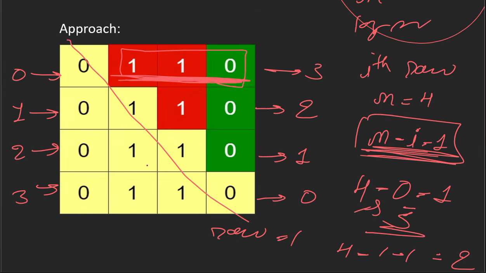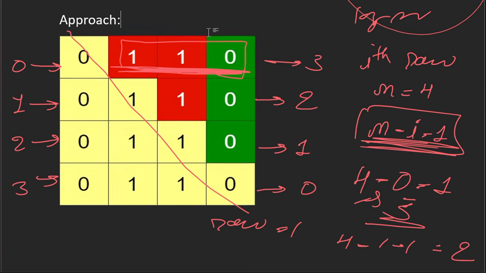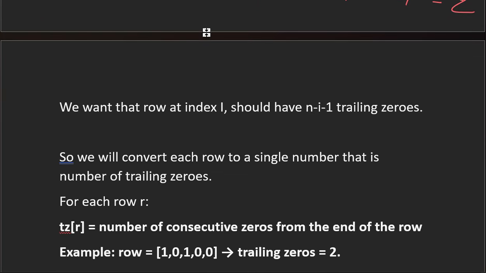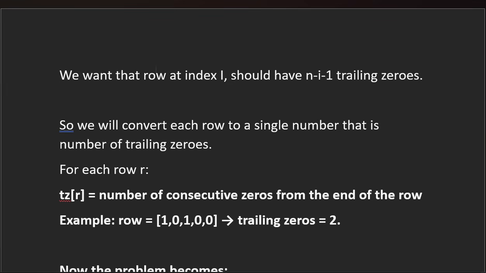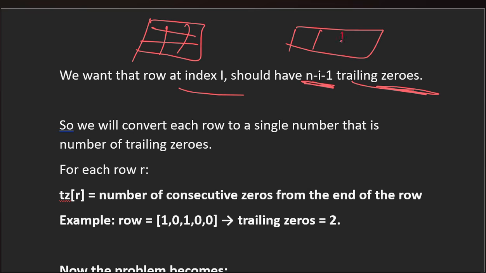So we now know for each row how many zeros we want. For row index i, we want n minus i minus 1 trailing zeros. So we will convert this whole grid into an array, where this index stores how many trailing zeros that row will have.